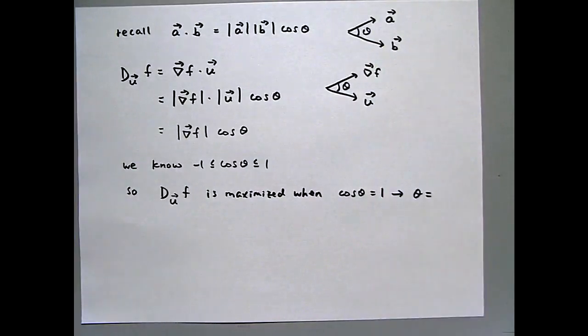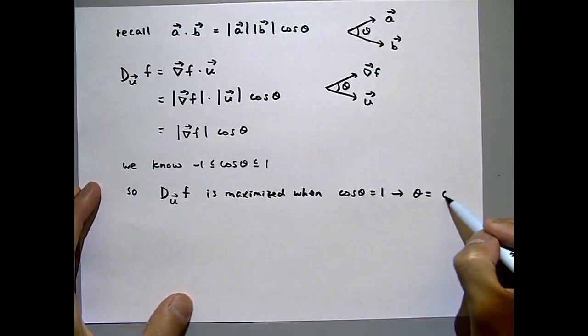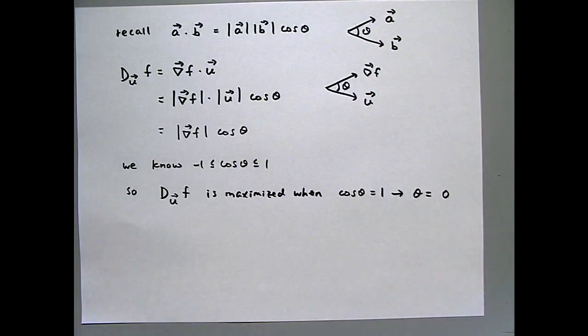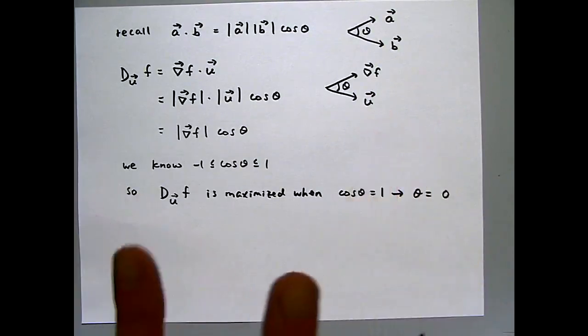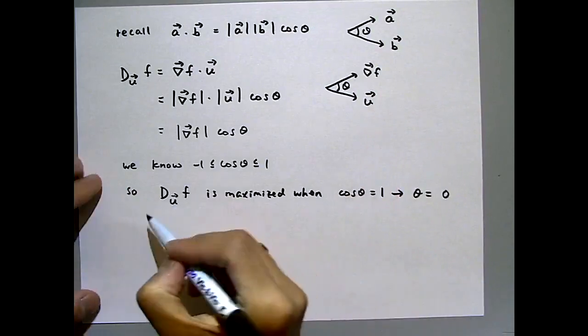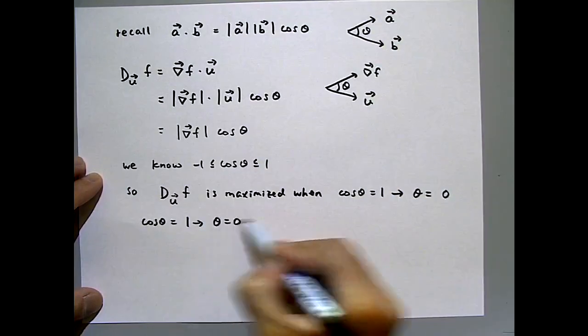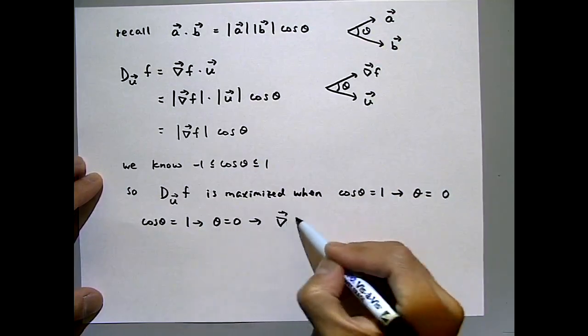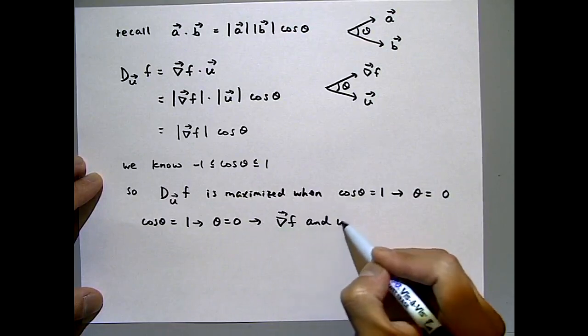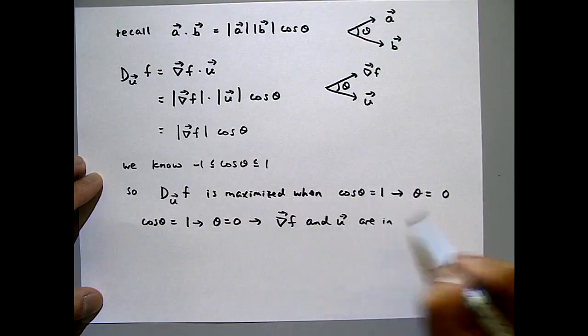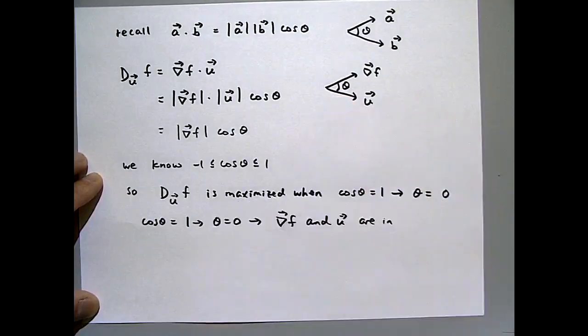And that means theta is equal to 0, right? In terms of the two vectors, what does that mean? They're parallel. The gradient vector and the unit vector are in the same direction. If the included angle is 0, they're in the same direction.